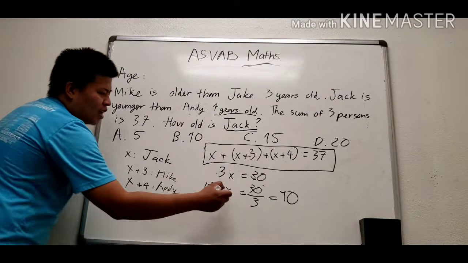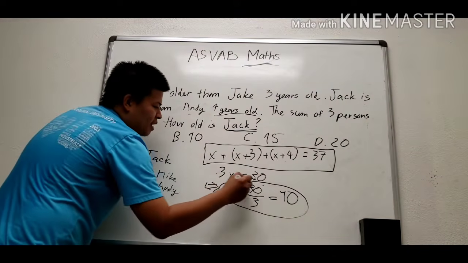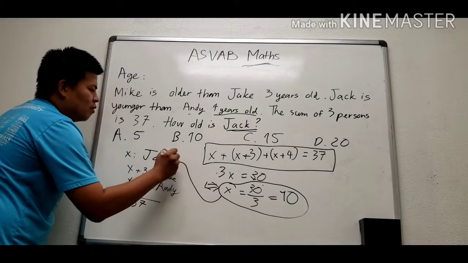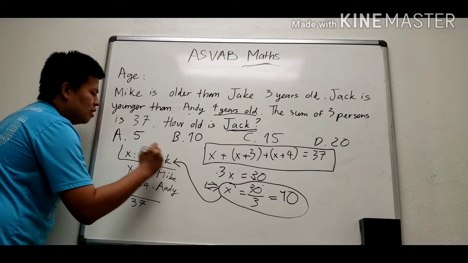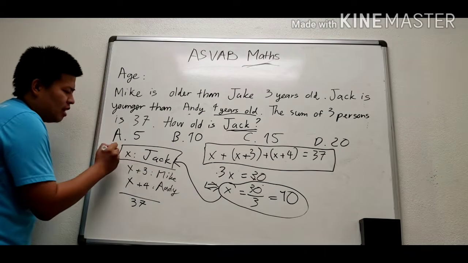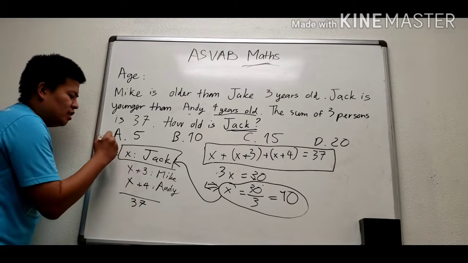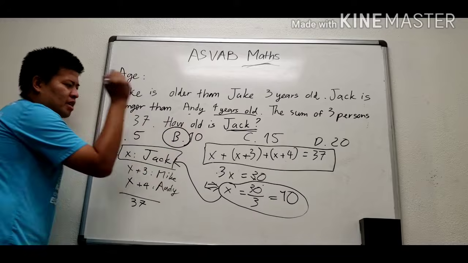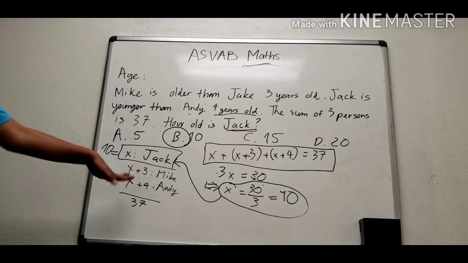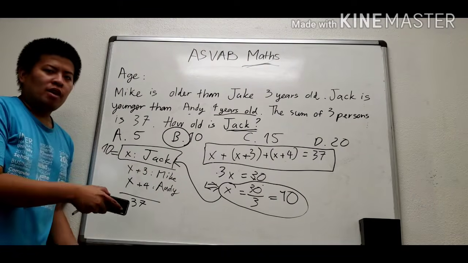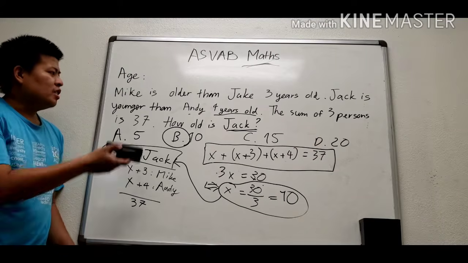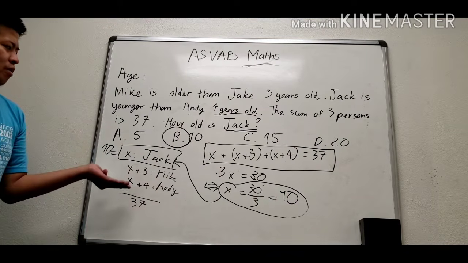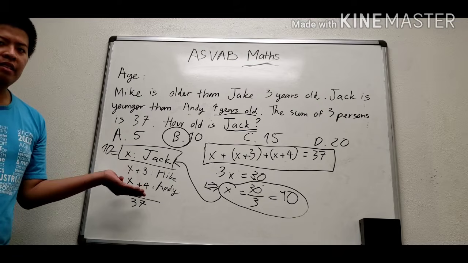Because S equals 10, it means Jack is 10 years old. So the answer here is B. So that's why we need to learn how to do the equation for age, and I just helped you with how to do age problems on the ASVAB.